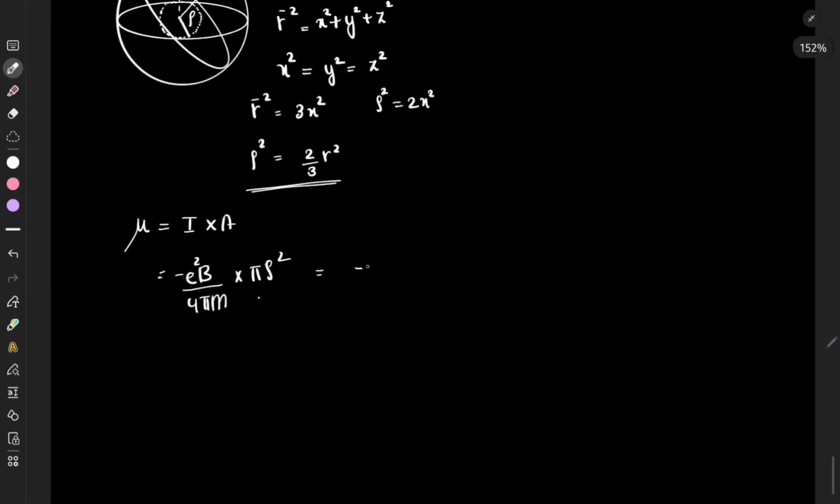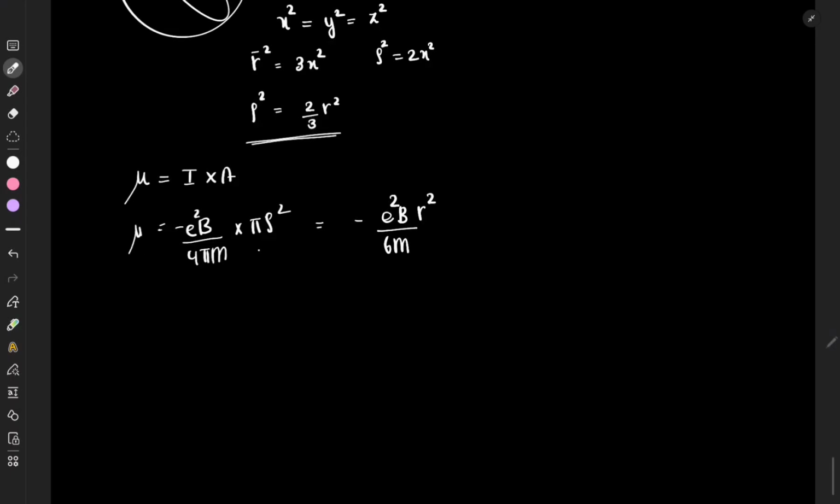Pi gets cancelled, so just write 4m, and the 2 by 3 gives r square over 6. So this is mu B.